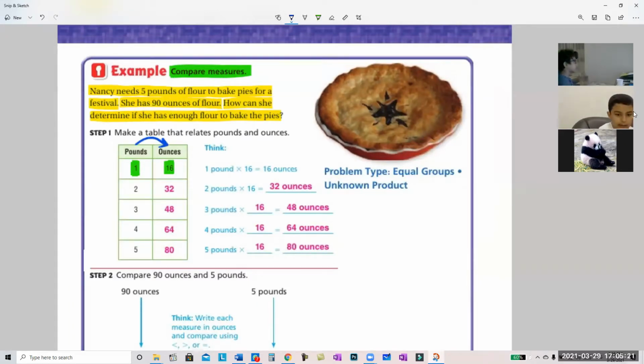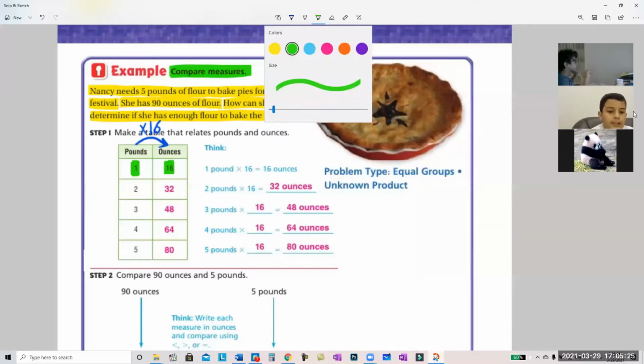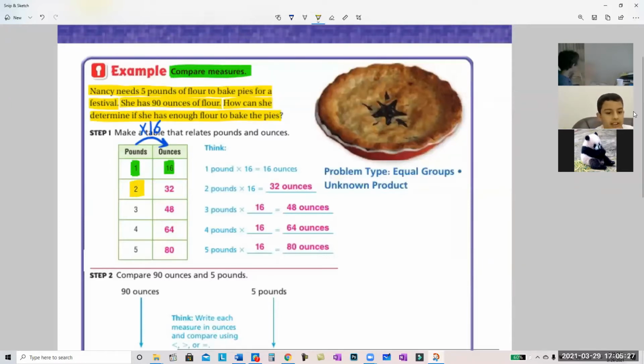So 1 multiplied by 16 equals 16, and 2 multiplied by 16 equals 32, and 3 multiplied by 16 equals 48, and 4 multiplied by 16 equals 64, and 5 multiplied by 16 equals 80.